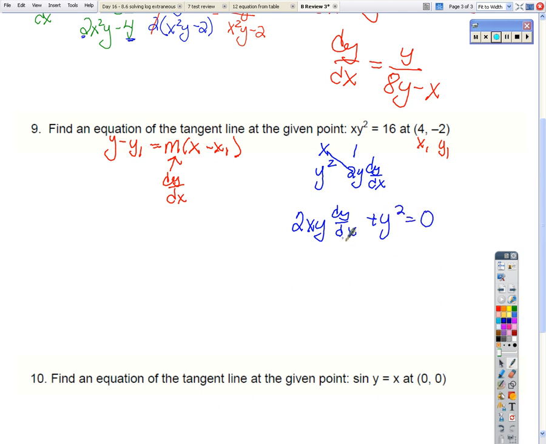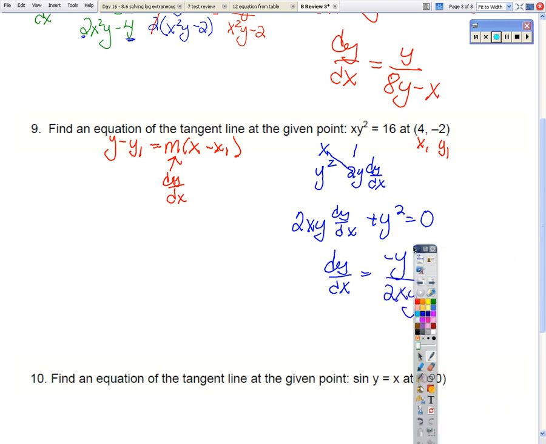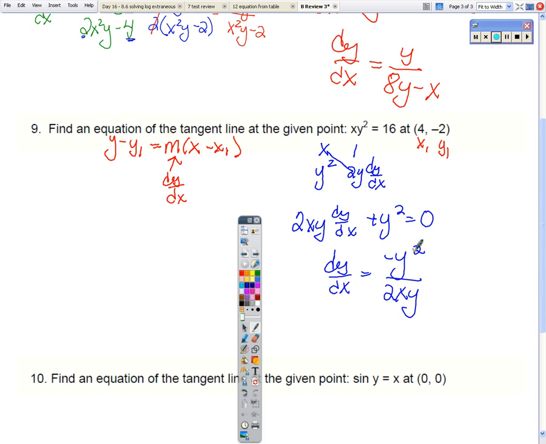So now I have to isolate dy/dx. I'm going to subtract the y squared over and divide by 2xy. Now I could reduce this. I can cancel out a y, or I can just plug in my values here. But I want you to be really careful of this negative y squared. It means negative of negative 2 squared.